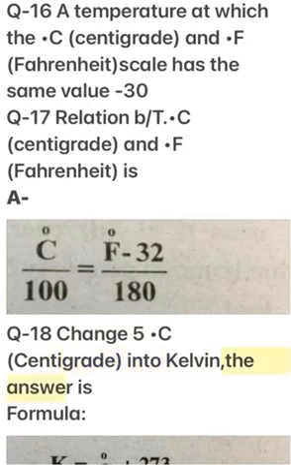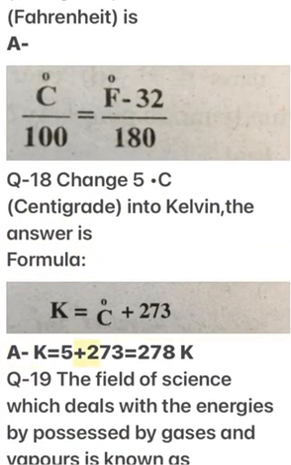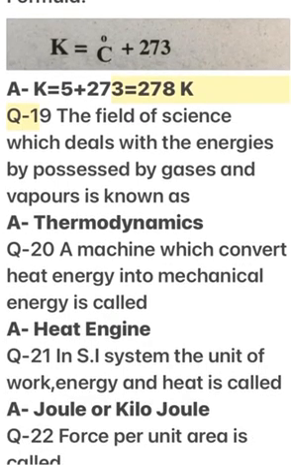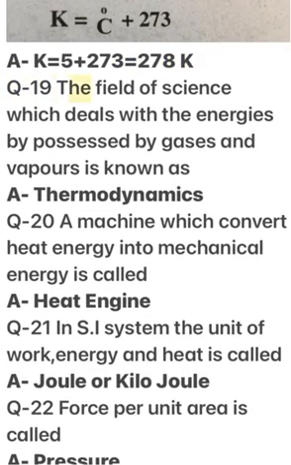The answer is K equals 5 plus 273 equals 278 K. Q19. The field of science which deals with the energies possessed by gases and vapors is known as thermodynamics. Q20. A machine which converts heat energy into mechanical energy is called a heat engine.